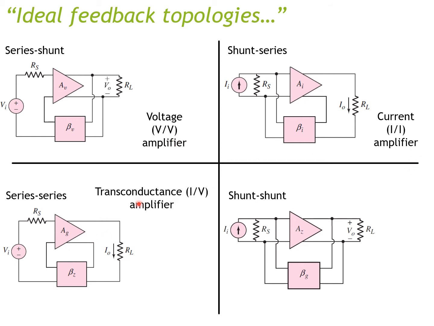For series-series, since output is current and input is voltage, this is a transconductance amplifier. And shunt-shunt is also called a transimpedance, sometimes a transresistance, amplifier.